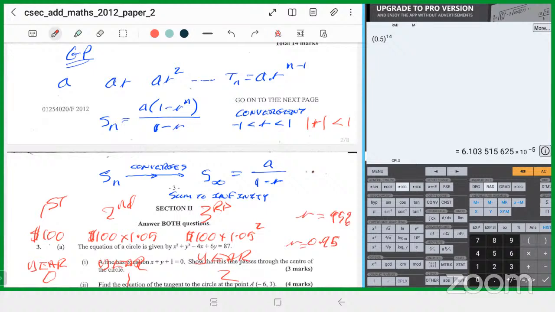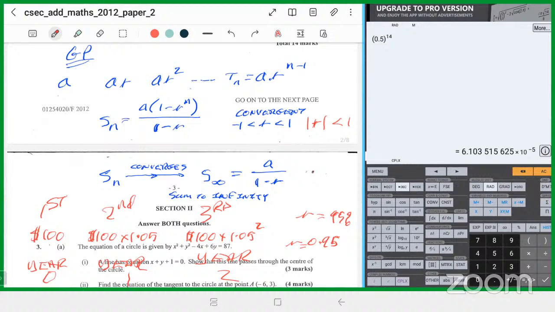Remember, you're looking for what value you need to multiply the original value by to get the new value. That's what the common ratio is. What do I multiply a value by to get the new value? A lot of the time, when they give you percentages, you write them as a decimal.